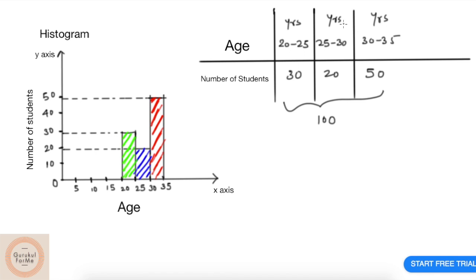Now, histogram was developed or discovered or made or found by a person called Karl Pearson. Why did he find this? The only reason is because on the x-axis if you see the age, it gives you a range between 20 to 25. It doesn't define what is the exact age here.